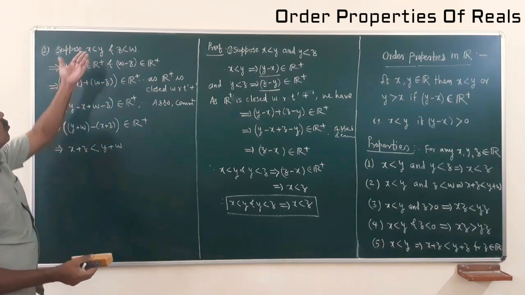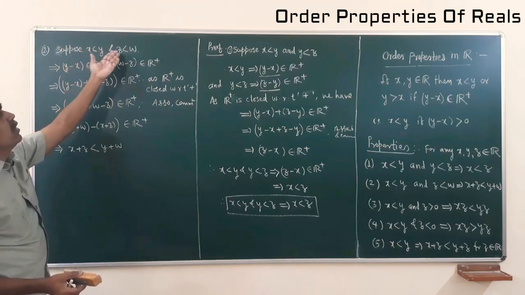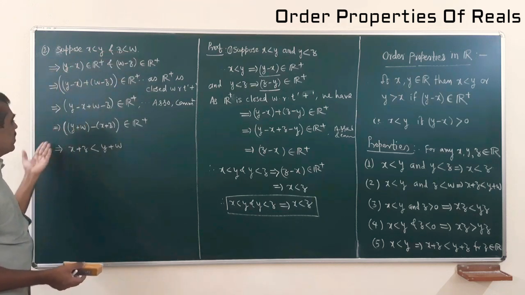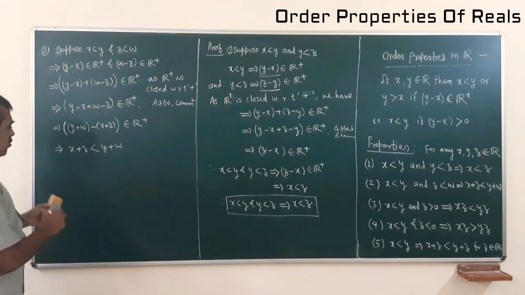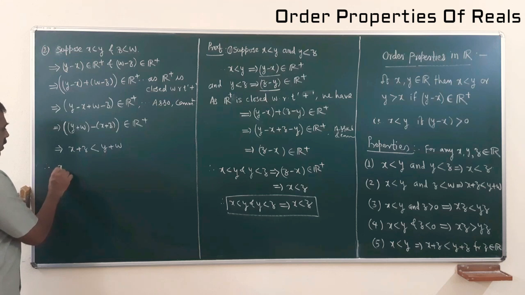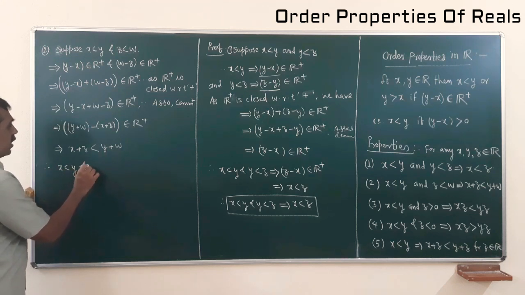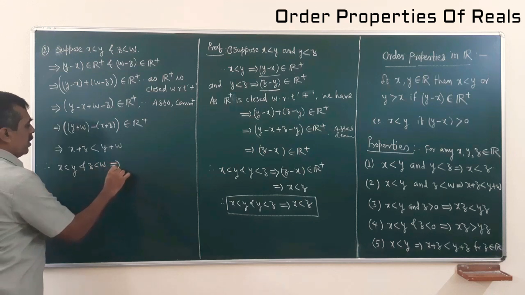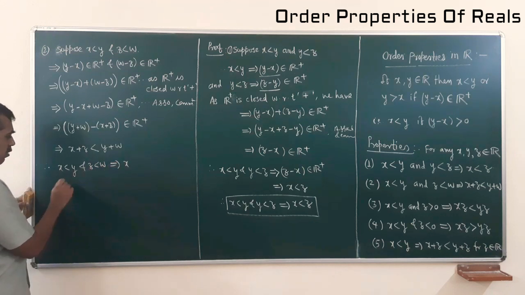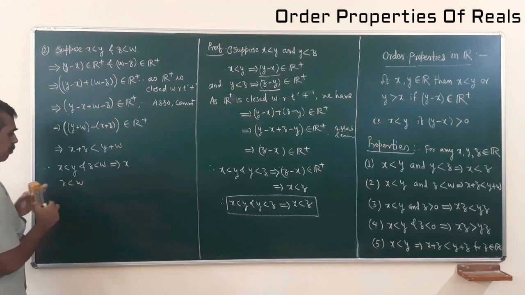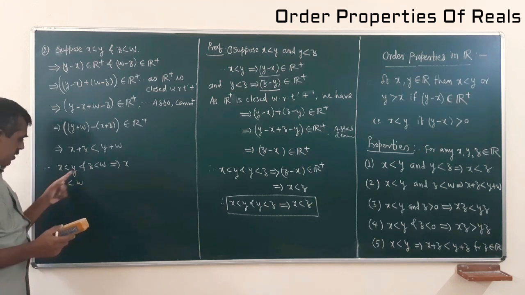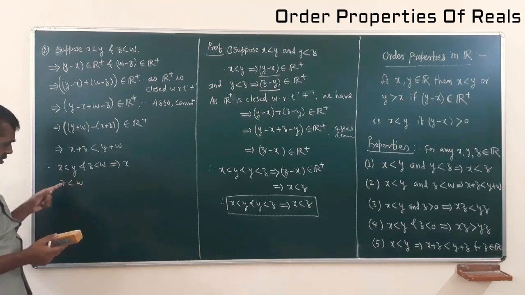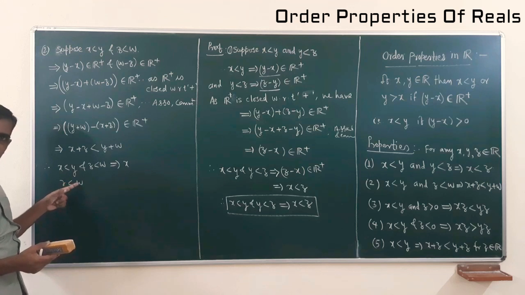So, thus, I assumed that x less than y and z less than w. Therefore, if x less than y and z less than w, then x plus z less than y plus w.